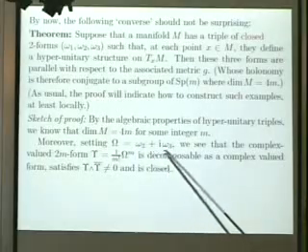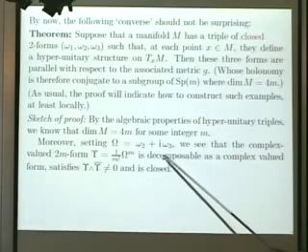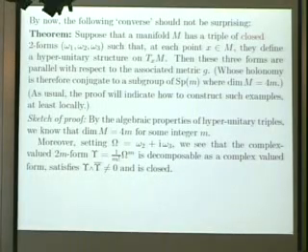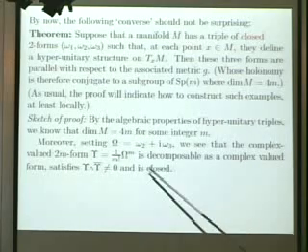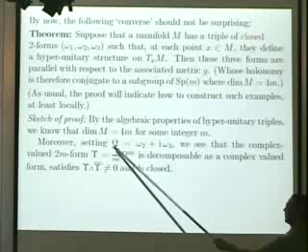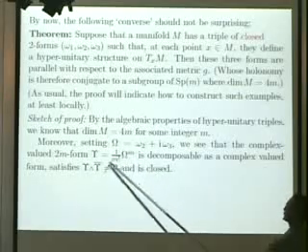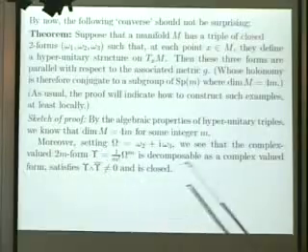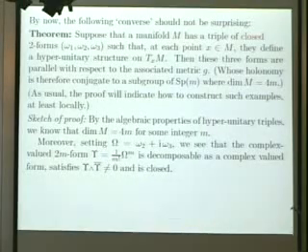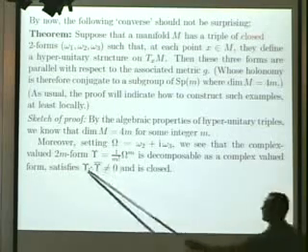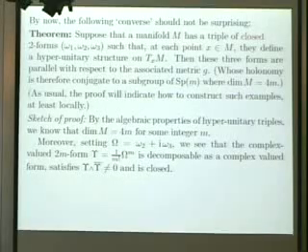Moreover, if you now take omega 2 plus i omega 3, this is a complex-valued 2-form. If you take its top exterior power and normalize it, dividing by m factorial, this will be a complex 2m-form that's decomposable as a complex-valued form, and its wedge product with its conjugate is not 0.